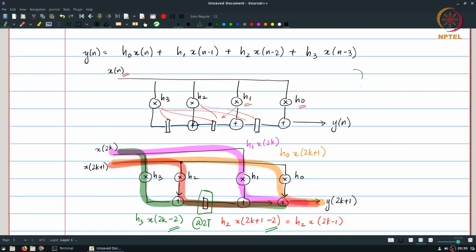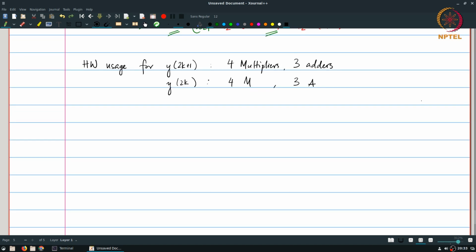This one also required 4 multipliers and 3 adders. So effectively, it looks as though the 2 parallel implementation requires exactly twice as much hardware as the original implementation. Let's see if we can construct an equivalent 2 parallel filter, but which requires fewer resources in order to compute the same amount of information.